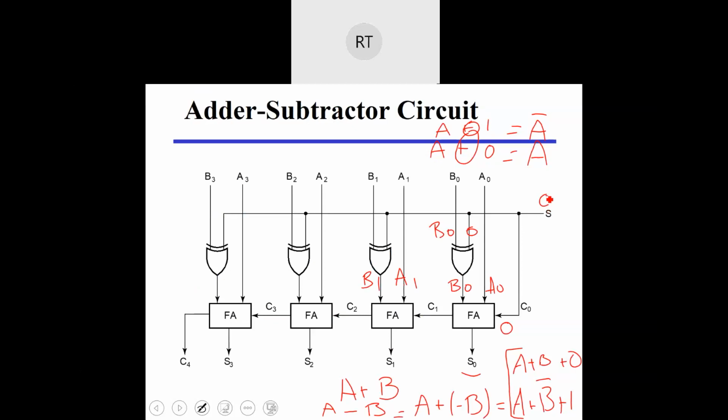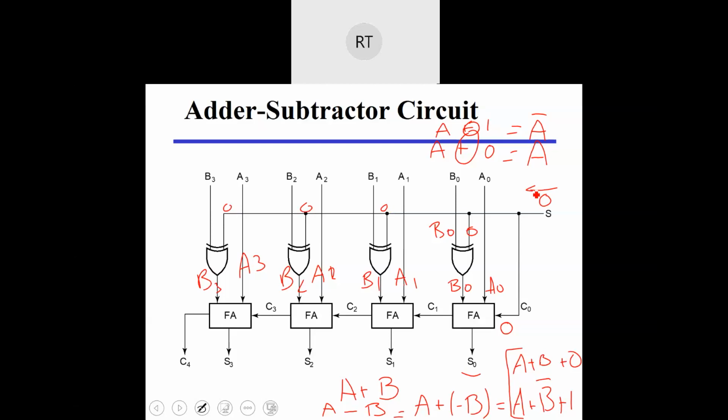Now here you will have A2, B2, and the carry. And here you will have A3, and this is B3, because the S that is going to be 0 here, and here, and here. It's going to be the same because it's from the very beginning here going as a 0. You got the idea?